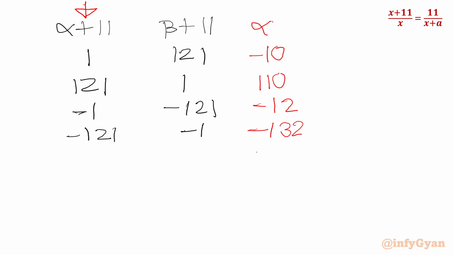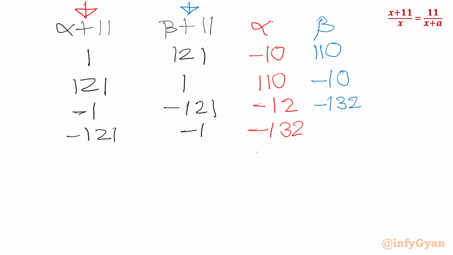Now we are going to find beta also by subtracting 11 from this column. So I will write beta equal to 121 minus 11, 110. 1 minus 11, minus 10. Minus 121 minus 11, minus 132.